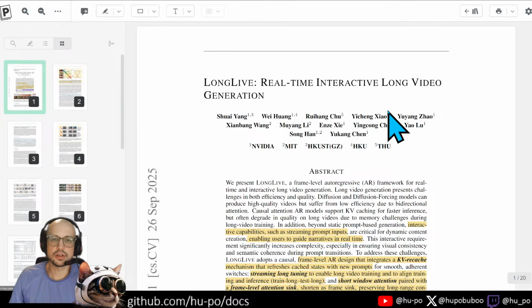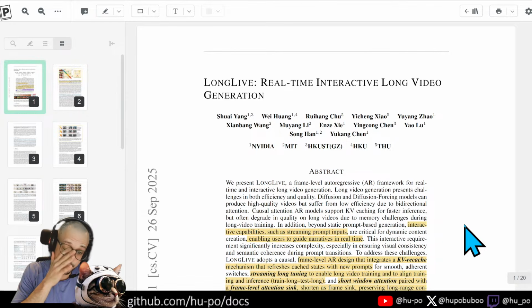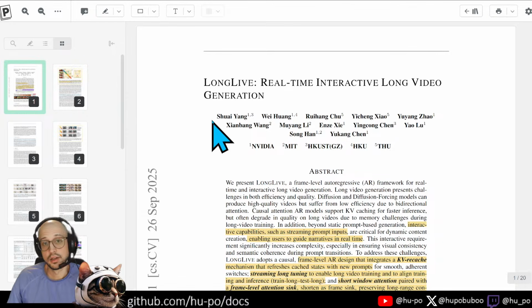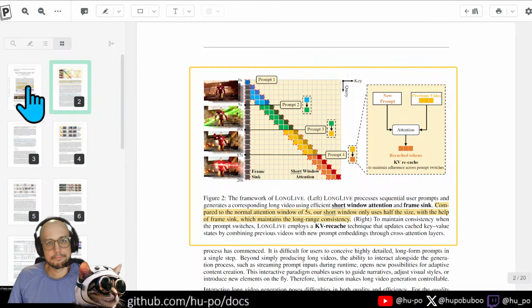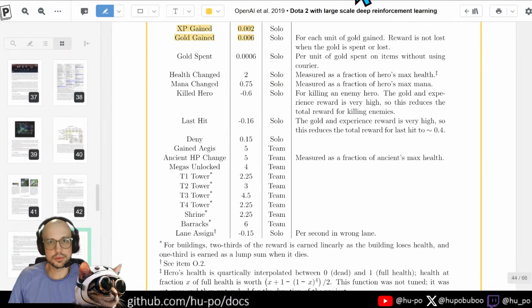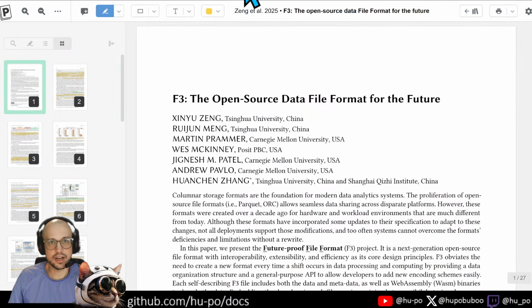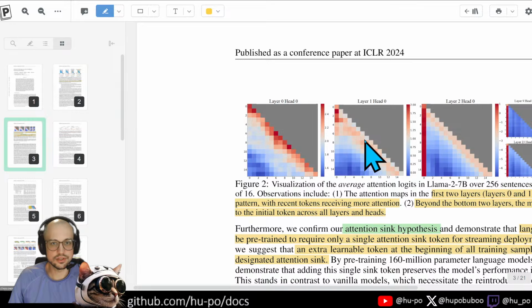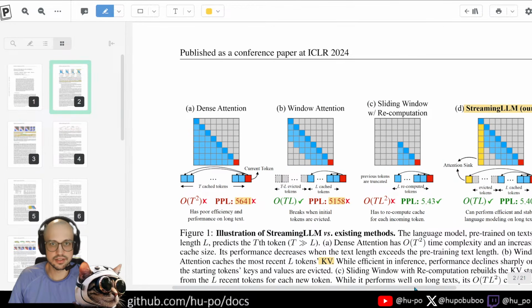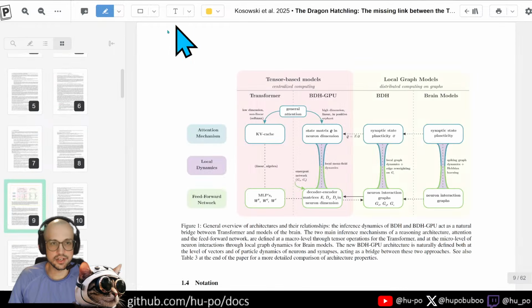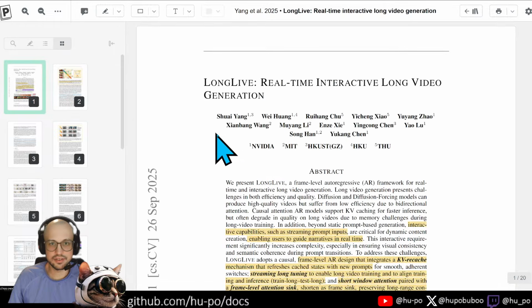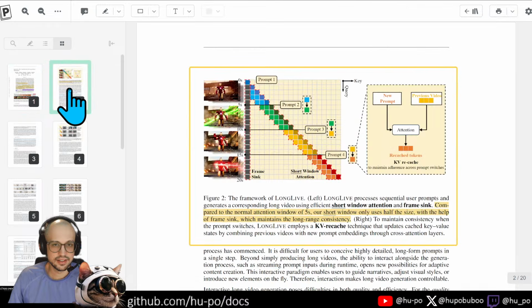What is this? Oh, this is another interesting one. This was the Hugging Face best paper yesterday or something like that. But here you have the concept of a frame sink, right? Very similar. I thought it was interesting that we now know that OpenAI is using attention sinks, and now here's this paper out of NVIDIA that's using what they call a frame sink.